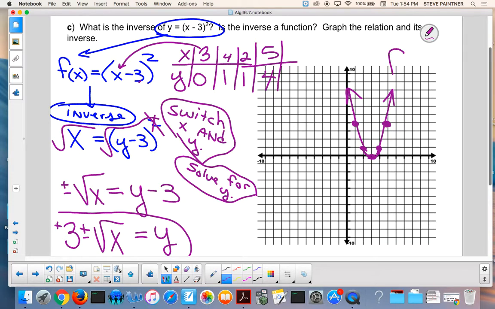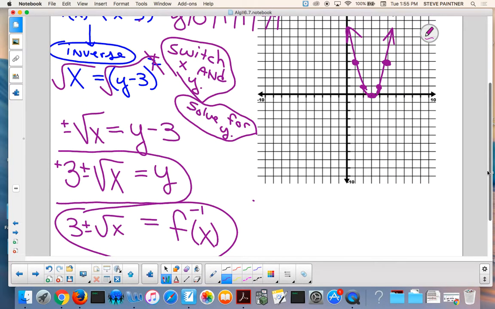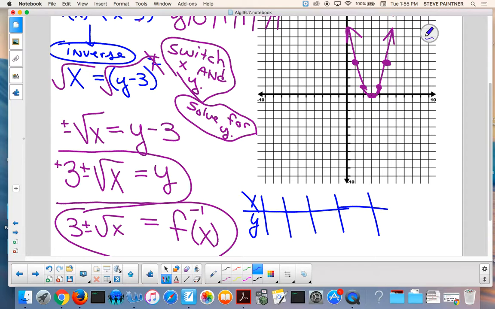Where's the inverse? Well, for the inverse, just make a quick table of it. X, Y. Switch your numbers. Instead of 3, 0, go 0, 3. Okay. Help me on the other ones. 1, 2. 1, 1. 4, 4. 5, 4.